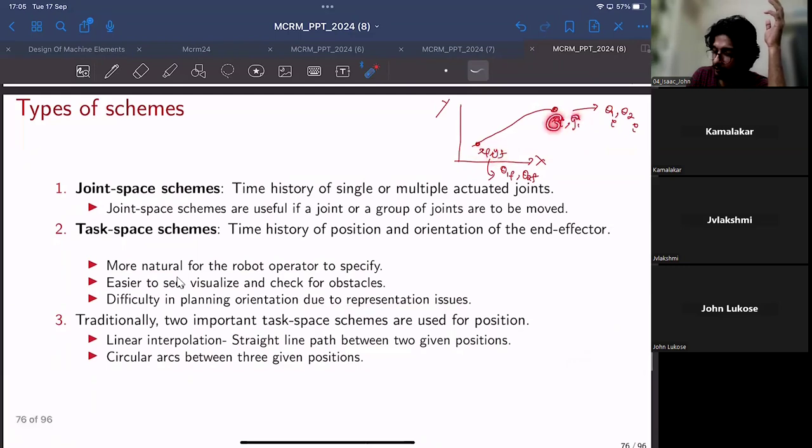If you know xi, you can find yi. If you know xf, you can find yf using that straight line method. Or rather, if you have 3 points, you can also plan it as a circular arc, because you need 3 points to define a circular arc.